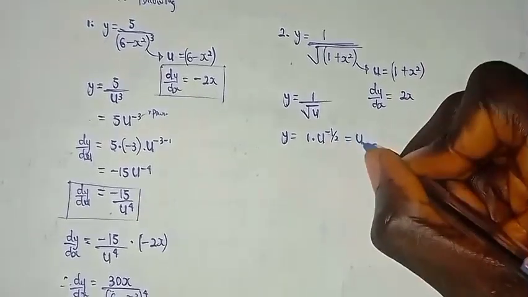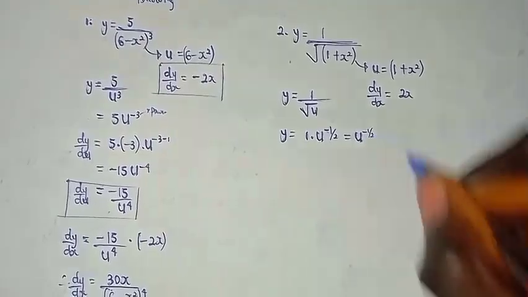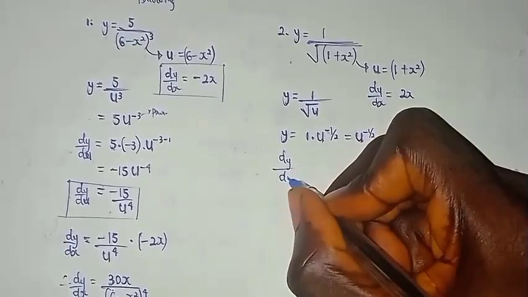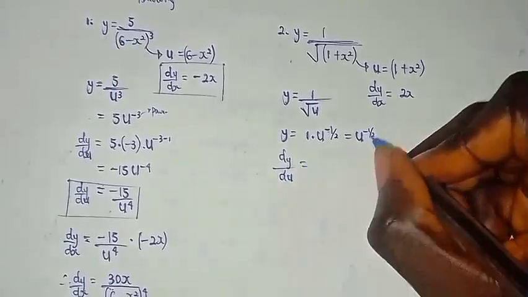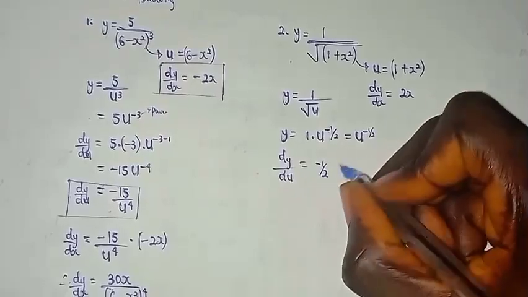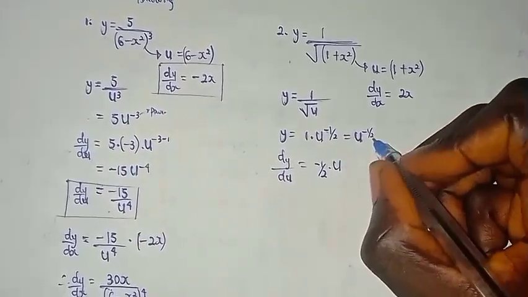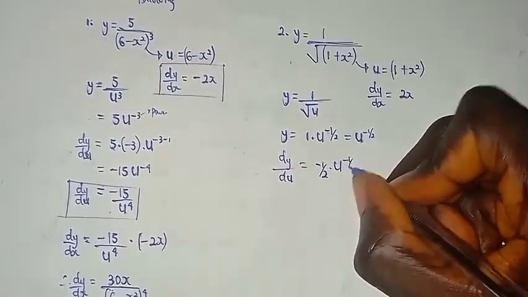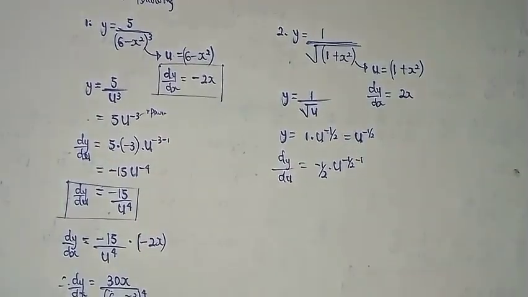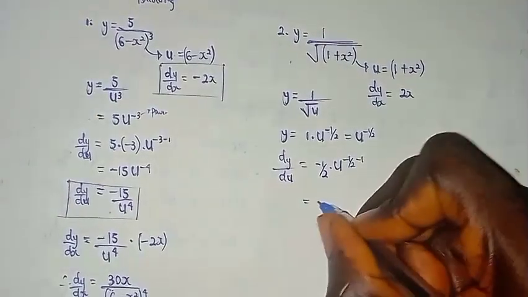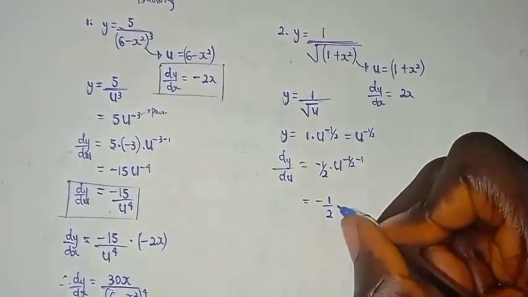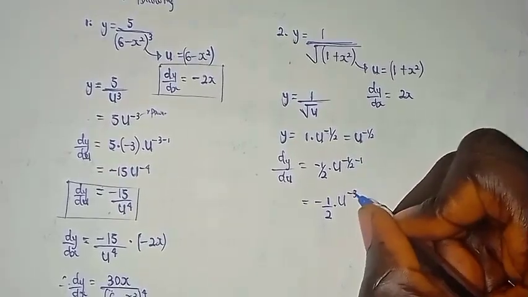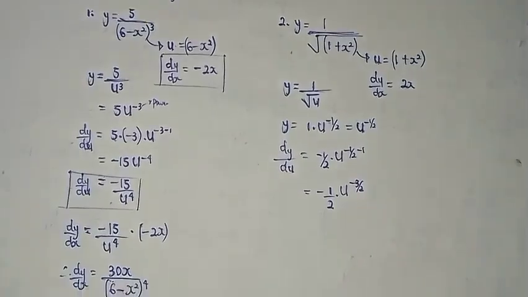So dy over du becomes the power minus 1 over 2 multiplied by u to the power of minus 1 over 2 minus 1. So this becomes minus 1 over 2 u to the power of minus 1 over 2 minus 1, which becomes minus 3 over 2.